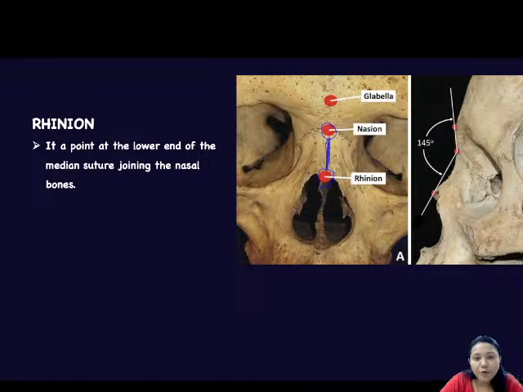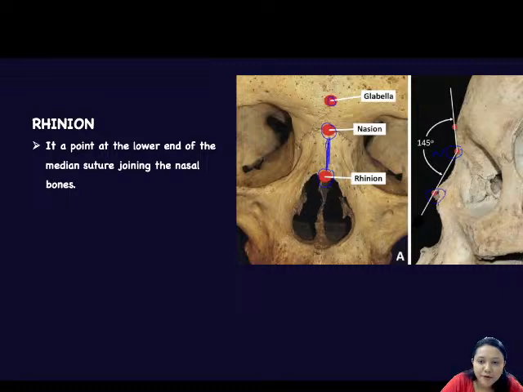So अगर हम लोग ऊपर से नीचे आएंगे तो बिंदी जहाँ लगाते हैं, the midpoint of the two superciliary arches, that is the glabella. उसके नीचे we have the nasion, उसके नीचे we have the rhinion, and एकदम नीचे we have gnathion. Okay, so you can see here, this is the nasion and this is the rhinion.